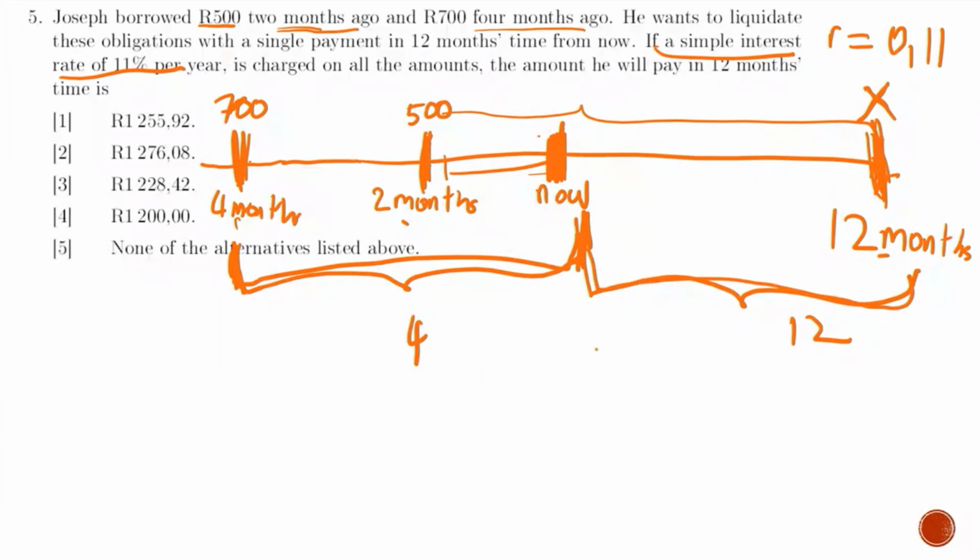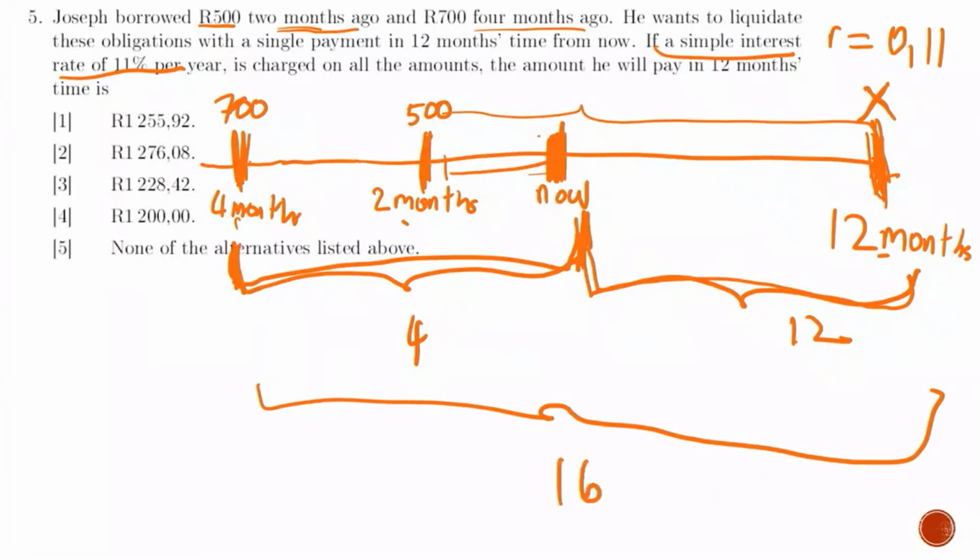So now you've got two payments, the length of the investment here is 12 plus 4, which is equal to 16. Okay, with this one, from now to here it is 2 months, and then again it is running from now to 12 months, which is making it 14 months.